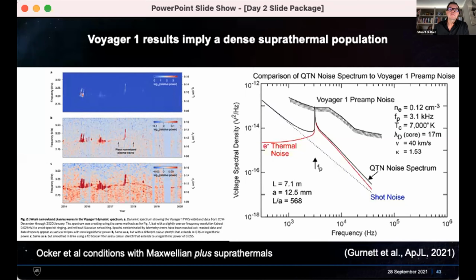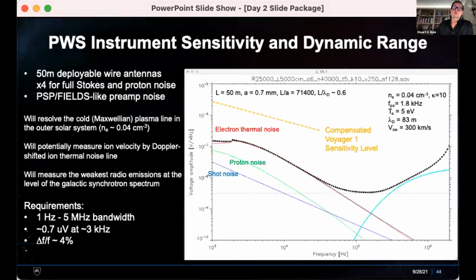So at the next slide, you'll see what we would propose for a PWS kind of instrument for Interstellar Probe. This shows you again the Voyager compensated noise sensitivity level and a Solar Probe-like preamp sensitivity, which is that dotted black line down at about 10 to a few nanovolts per root hertz.